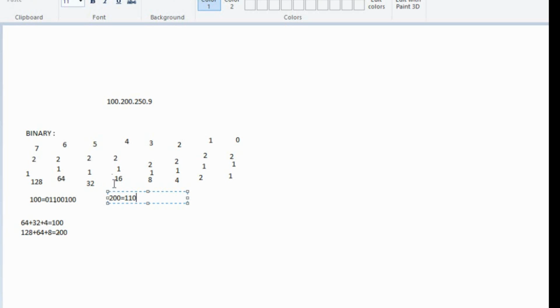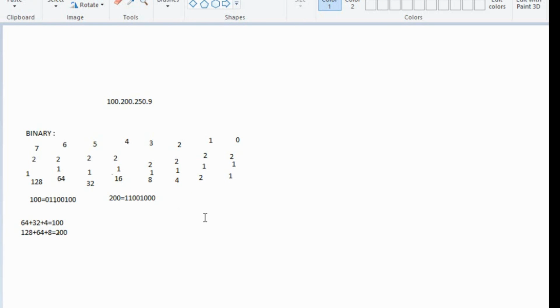We also did not take 16 bit, so it is off bit, and 8 is an on bit because we add 192 with 8, which comes to 200. So 1 for the 8, and 0 for the 4, 0 for the 2, 0 for the 1. That's for the 200.